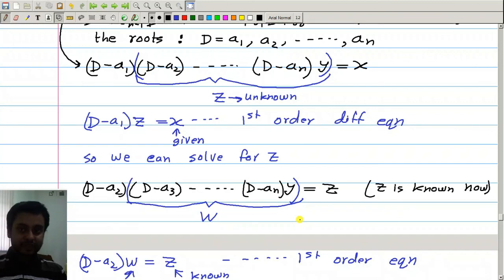In our next class, we shall learn how to solve differential equations when the input is an impulse function delta t.